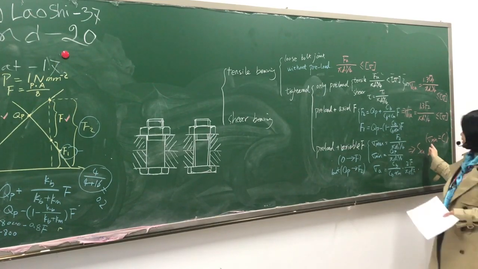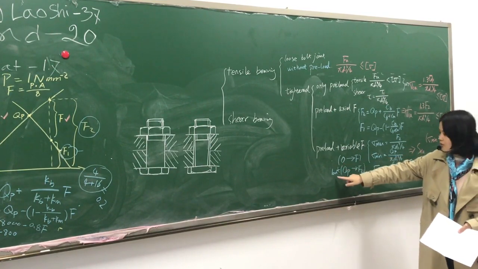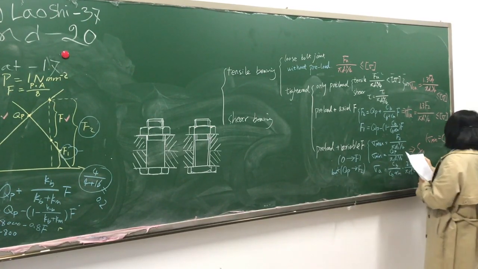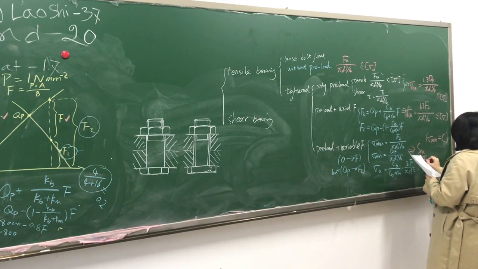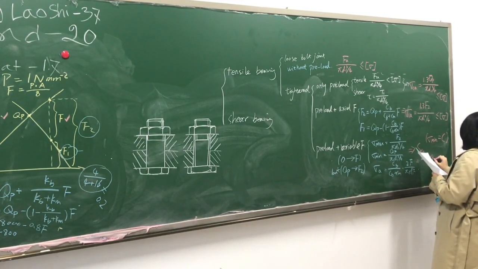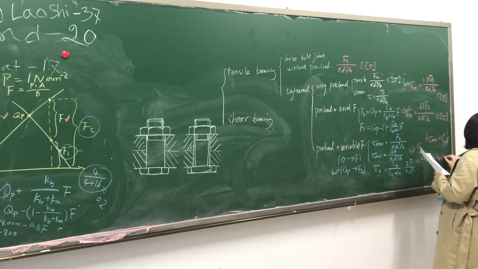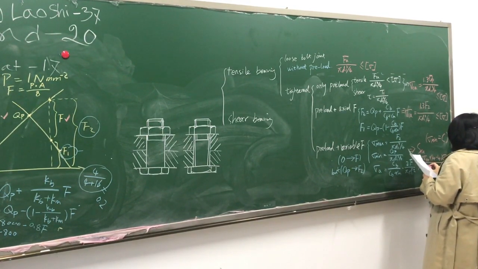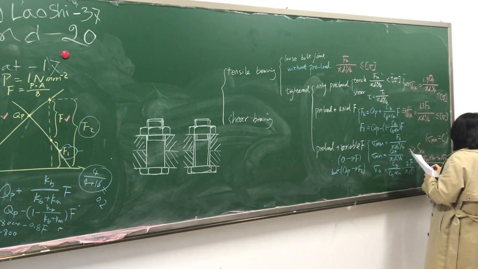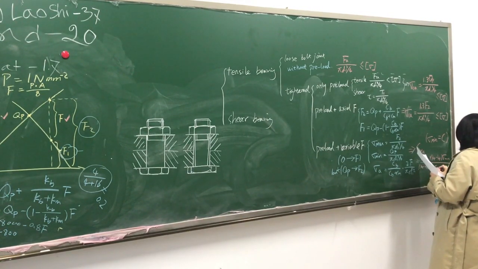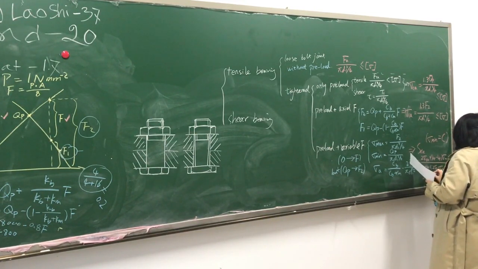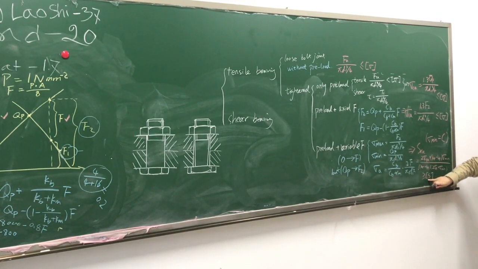Then the mean for the bolt is QP. And for this condition, we can calculate the SCA, which should be less than the allowable safety factor.